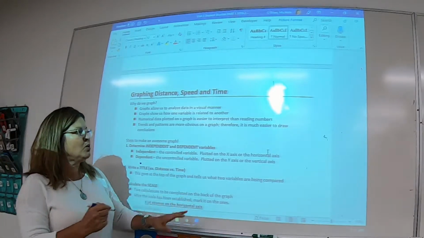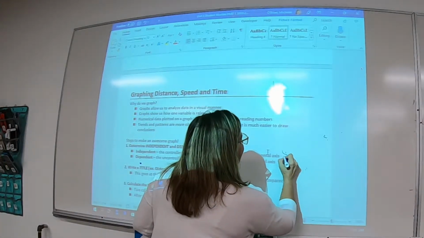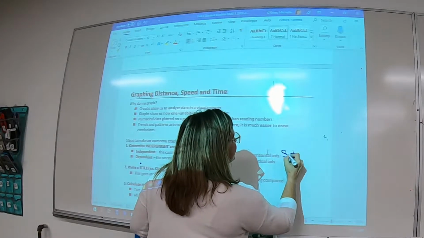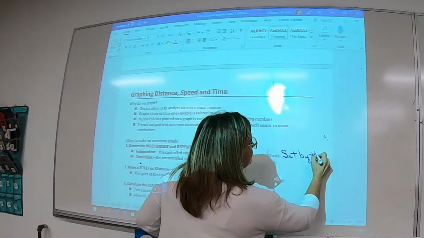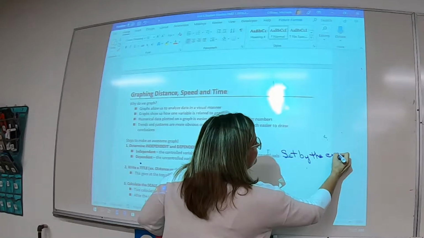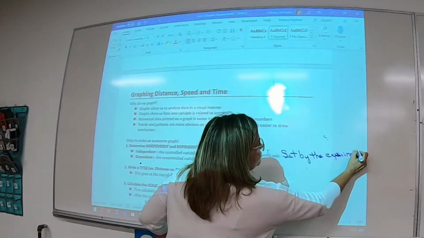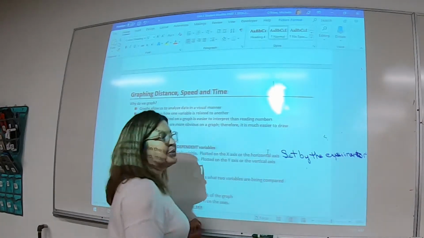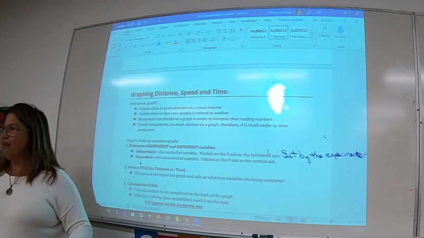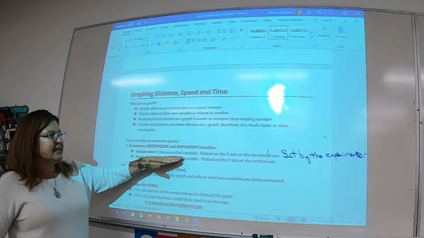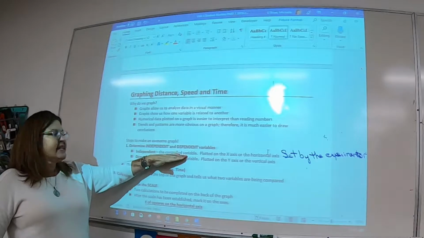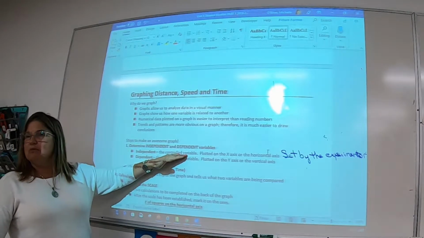It's a controlled variable. And it is set by the experimenter.